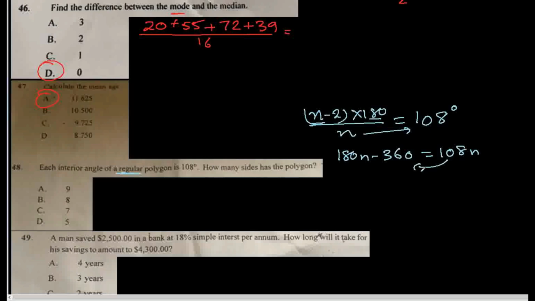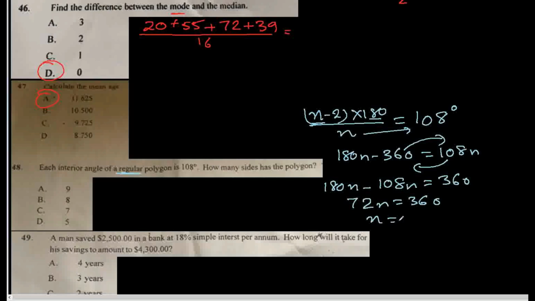Bring 108n here, 360 there. 180n minus 108n equal to positive 360, 72n equal to 360, n equal to 360 divided by 72, which is 5. It's a pentagon. So 5 is the answer.